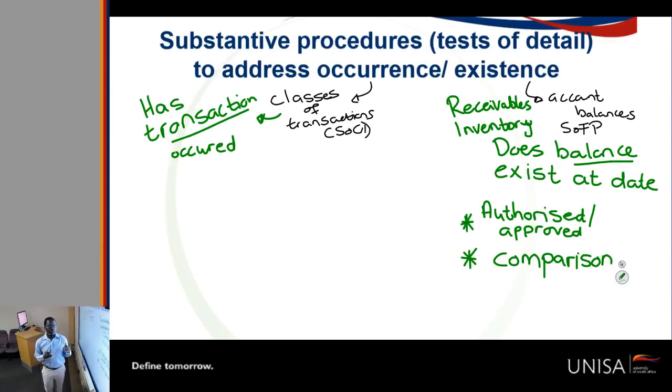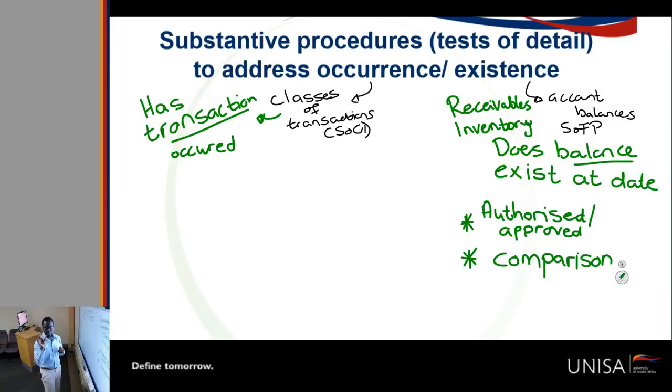So if you go existence and then you go to every single topic for existence, you go to inventory, you go to salaries and payroll, and you go to the finance and investment cycle, and you look at the substantive procedures that are performed to address existence. There are a lot of similarities between the different cycles.